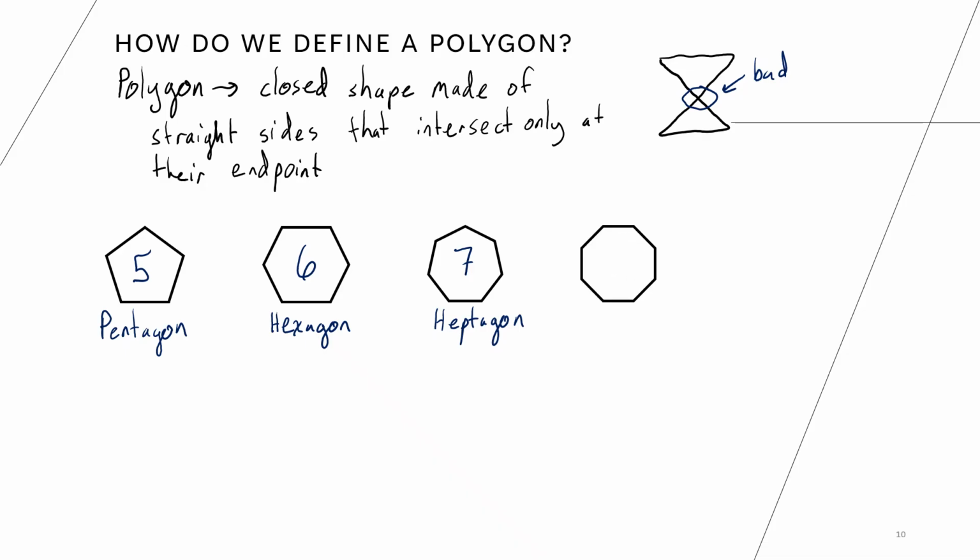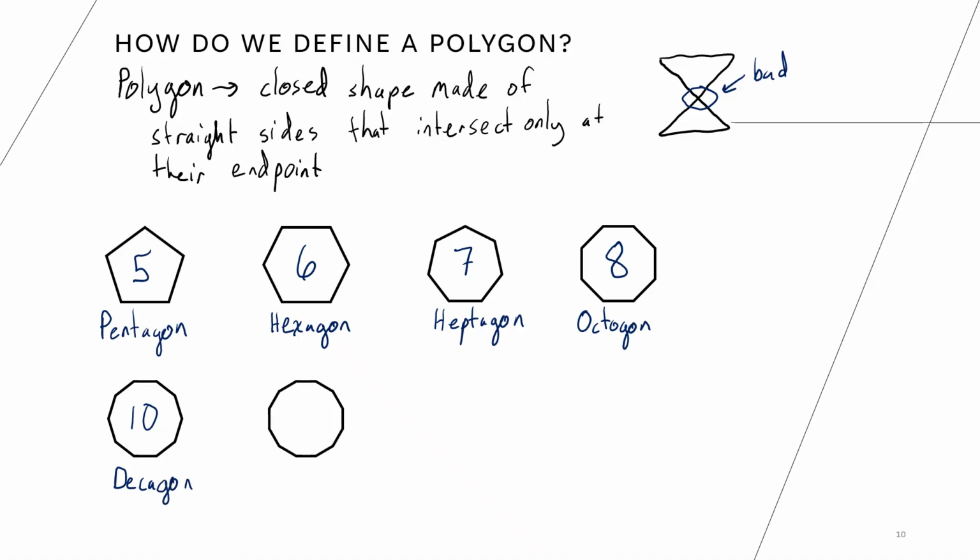Our classic stop sign has 8 sides, which makes it an octagon. For some reason, we rarely talk about the 9-sided figure. We usually jump straight to 10, and we call that a decagon. And we'll jump to 12 from there to make a dodecagon.